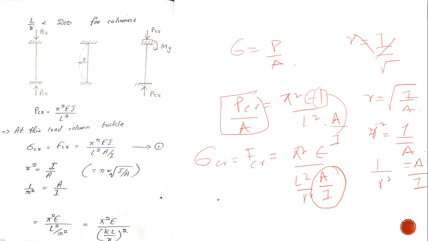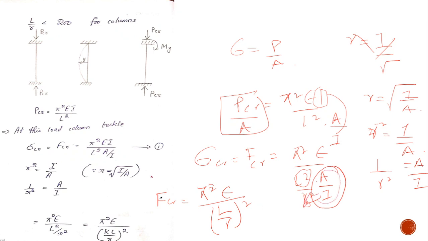So I can rearrange it as F critical is equal to pi square E divided by (L by R) whole square, because this is squared as well.